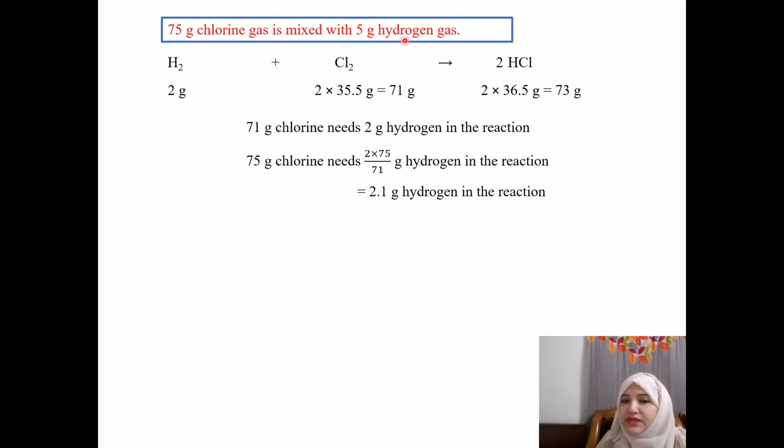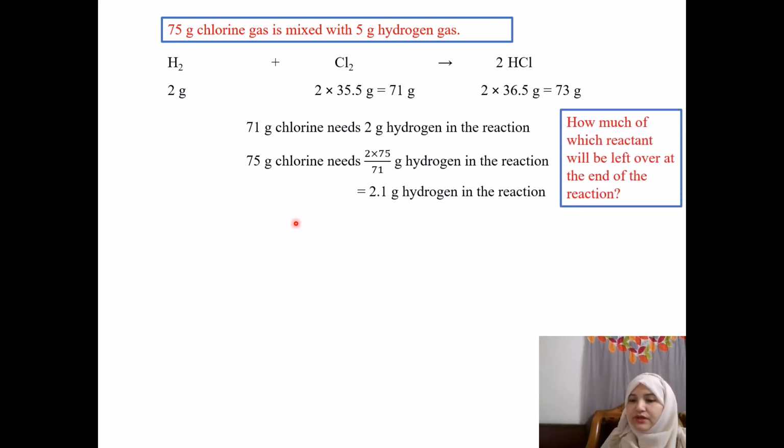This 5 gram is much more than enough, and that means hydrogen is our excess reactant. Our next question was how much of which reactant will be left over at the end of the reaction.